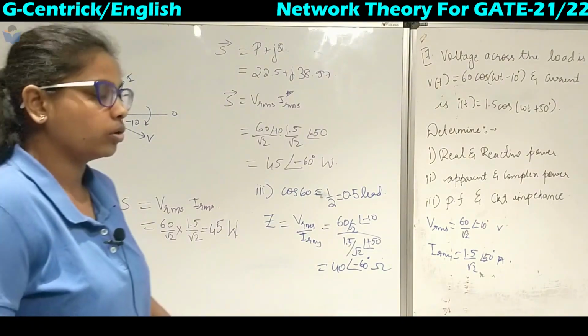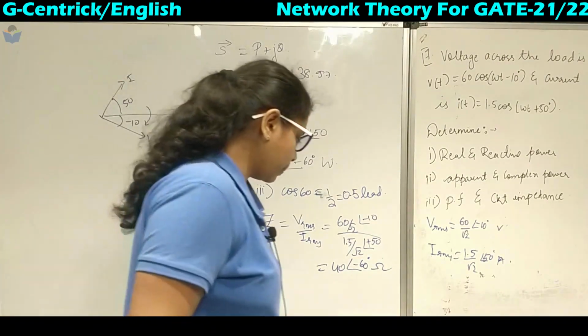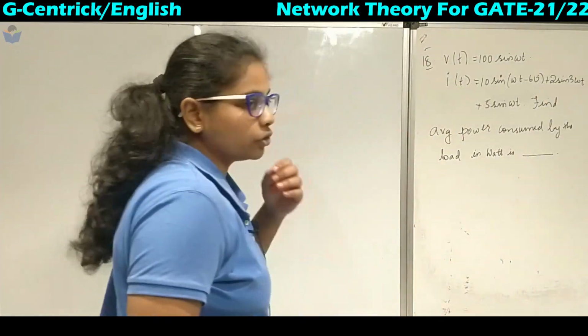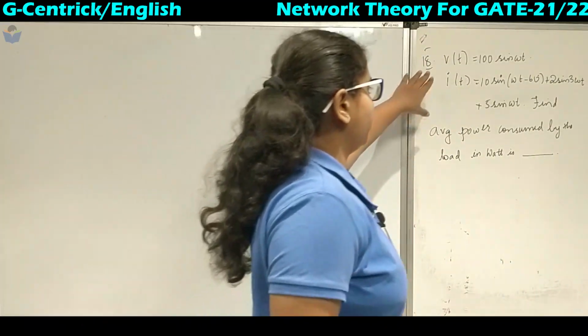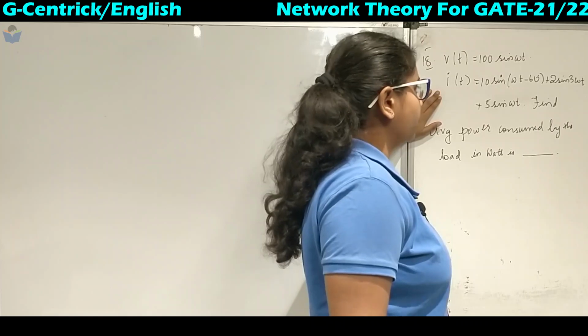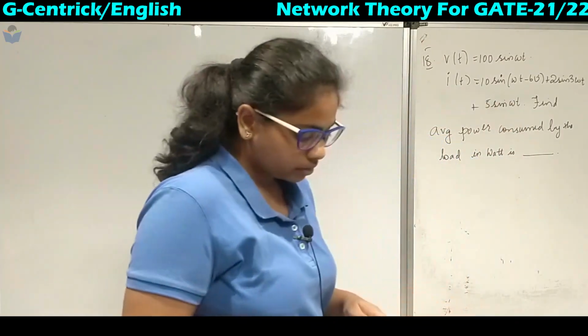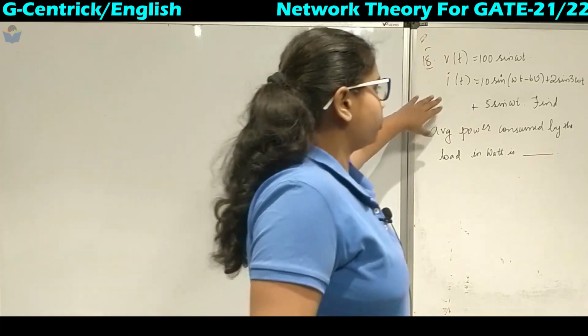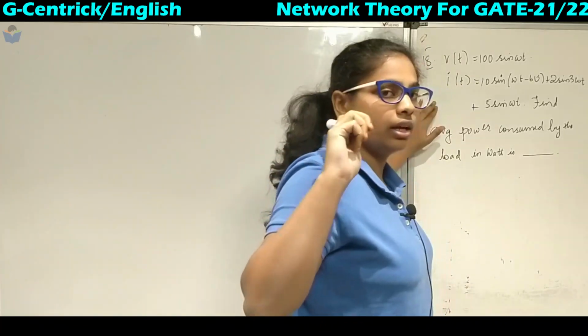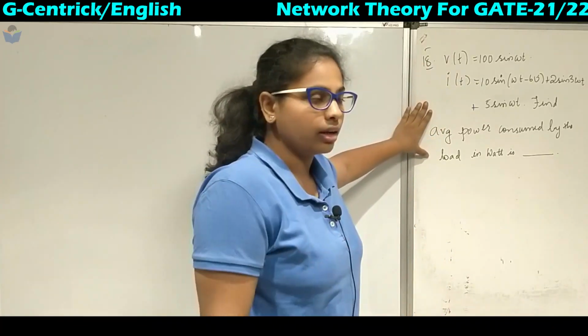So we will see one more question based on this. Coming to this question, we have v of t as well as i of t given. Now we cannot use the formula that we have learnt for IRMS to calculate the RMS.